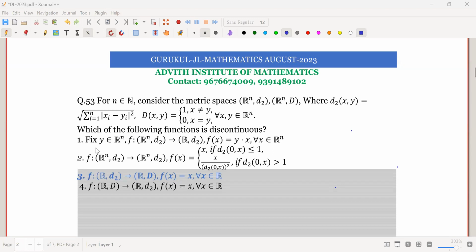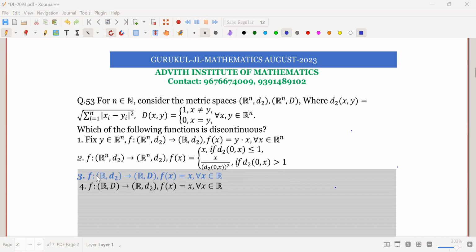Option 1: for any fixed y belongs to R, the function f is defined from R into R such that f of x equal to y dot x, where y is a fixed value, for all x belongs to R. Option 2: f is from R into Rn with respect to the same metric such that f of x equal to x if d2 of 0 comma x is less than or equal to 1, and x by d2 of 0 comma x whole square if d2 of 0 comma x is greater than 1.